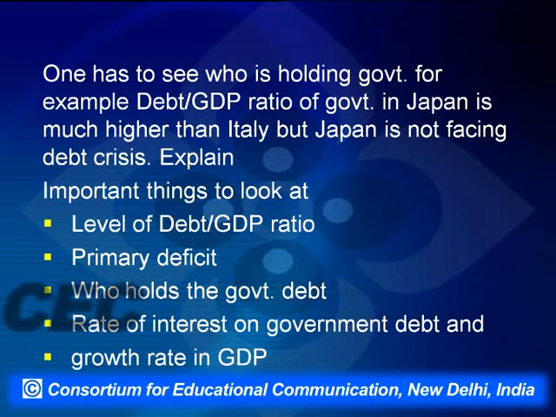That means the government of Japan owes its debt in terms of yen, not in any other currency. The problem arises when the government debt is not in its own currency but in some foreign currency.